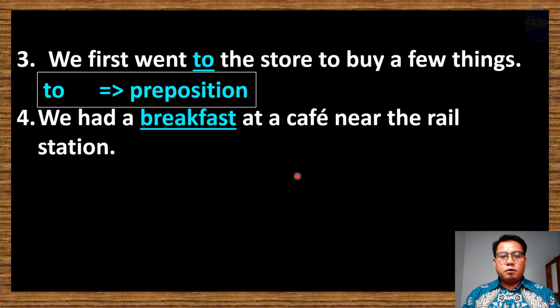Number 4. We had a breakfast at a cafe near the rail station. Breakfast. Can you see a breakfast when it is on the table? Yes, we can see that. So that is a kind of noun.